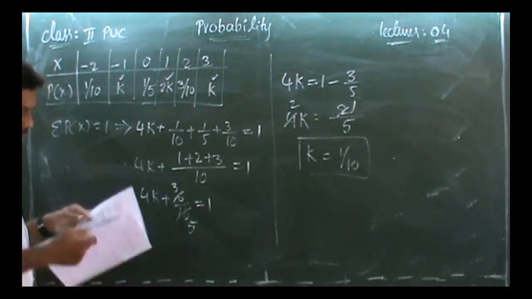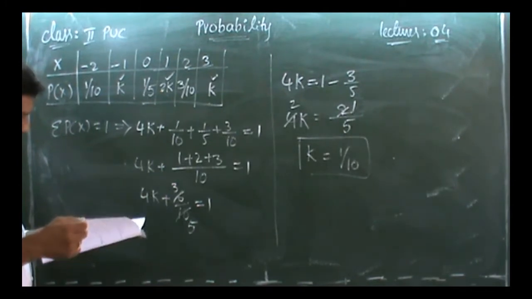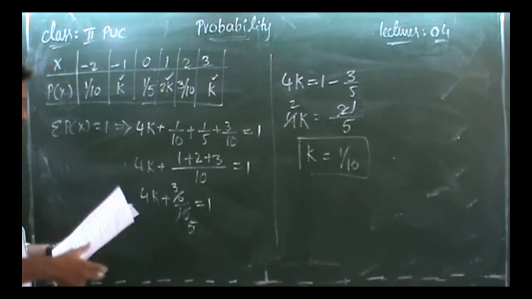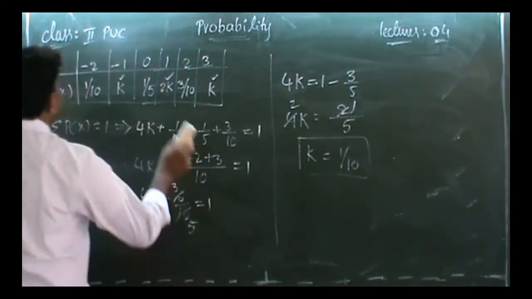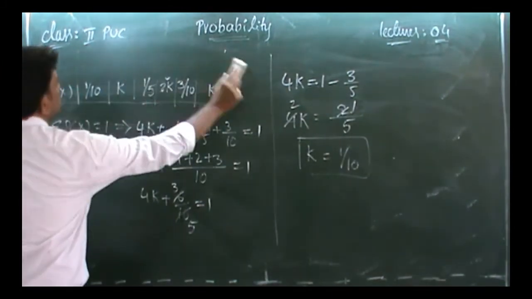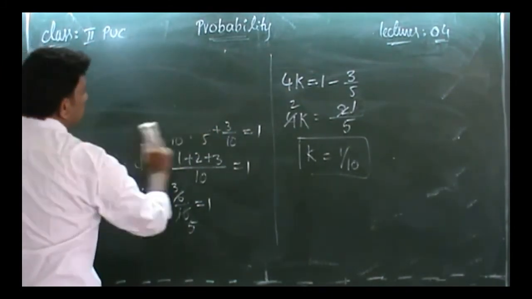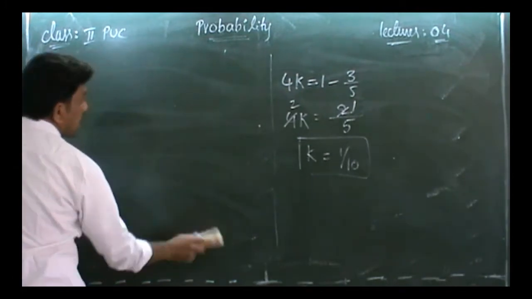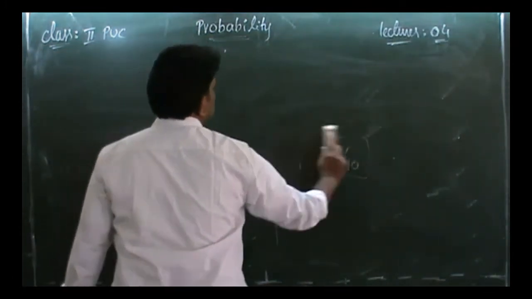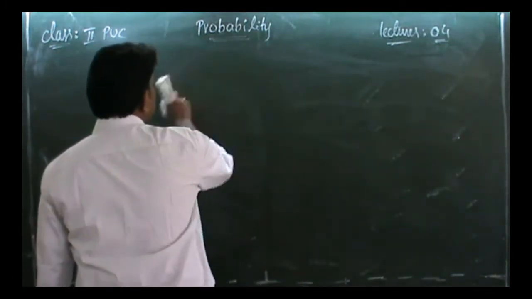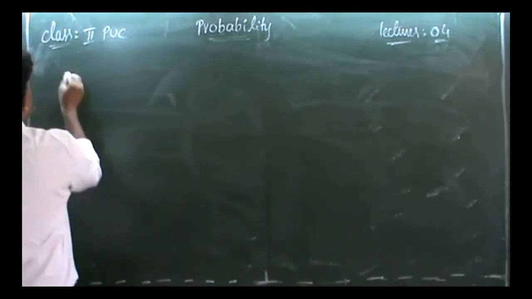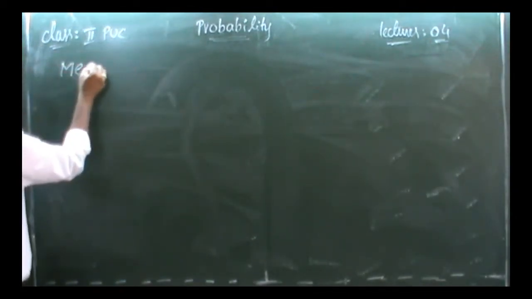Now we will go to another method, that is the mean and variance. So this probability distribution topic is finished. Now I am going to discuss another concept. This concept name is mean and variance. First of all, we will discuss the mean.